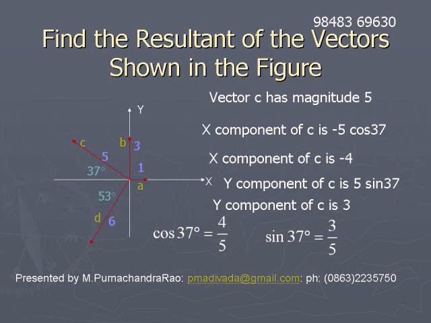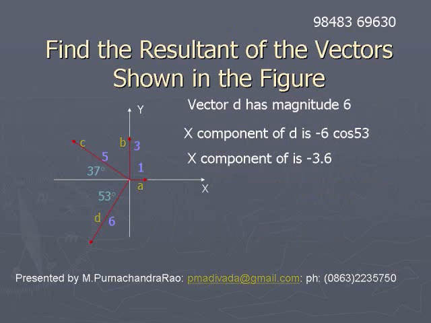But sin 37 is 3 by 5. So it is 5 into 3 by 5, that is 3. Hence the y component of C is 3. The x component is minus 4, the y component is 3.